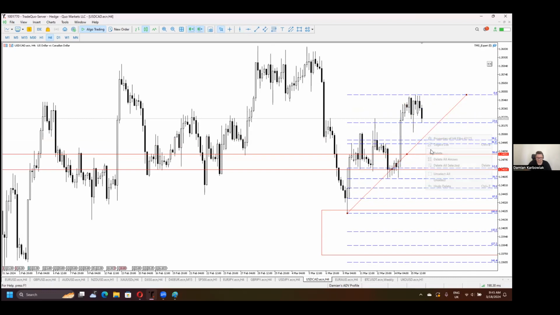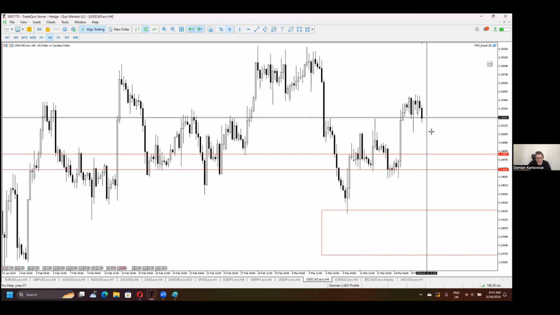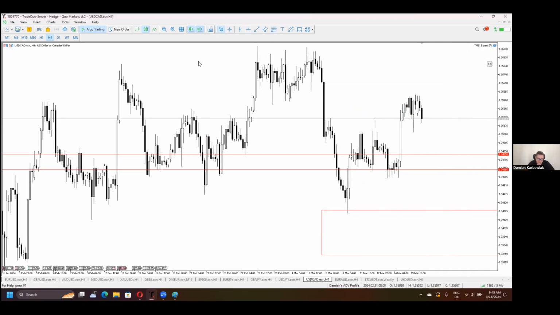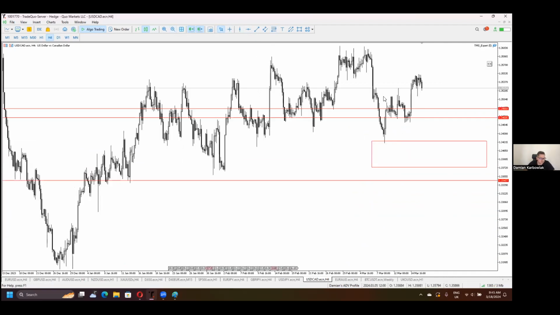So if you'd like to follow the trend, then definitely wait for the correction and play buy again. But generally speaking, I'm negative about the USD CAD. I'm not buying here. I'm looking only for the spot to sell. So I'm staying away from the market.